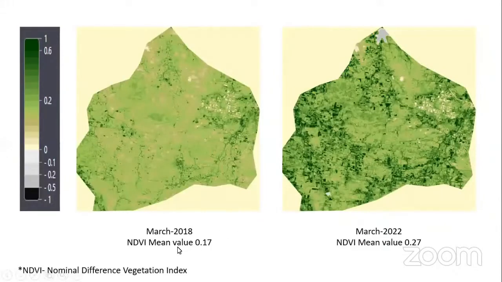These are the images for 2018 and 2022. At the start of the project, the value of the vegetation index was 0.17, and then it increased to 0.27. So at a glance, we get the impact of our works by using remote sensing and GIS.